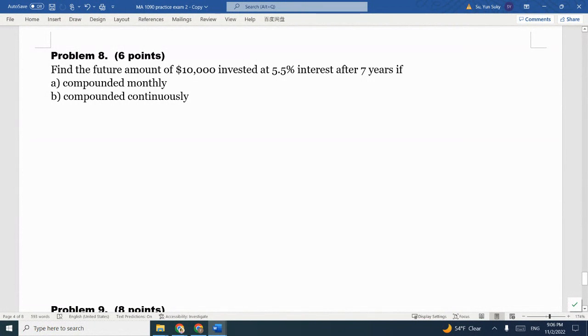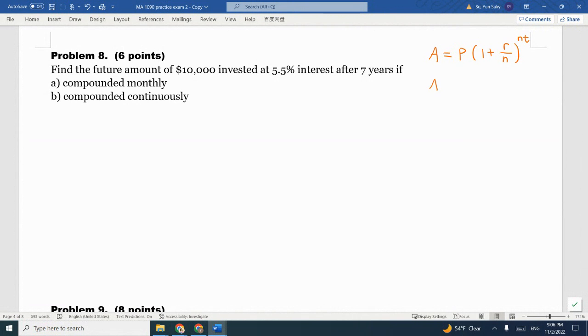So we have the compound interest formulas. Two formulas you have to memorize. If we know the number of compoundings, then the formula is A equals principal times 1 plus the annual interest rate over n, where n is the number of compoundings, raised to the power of n times t.